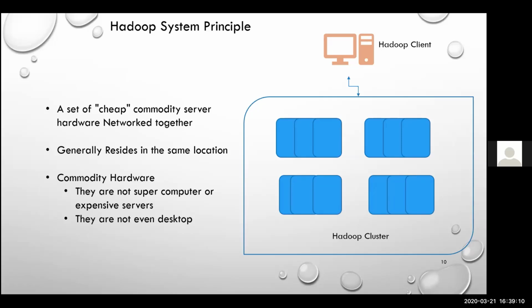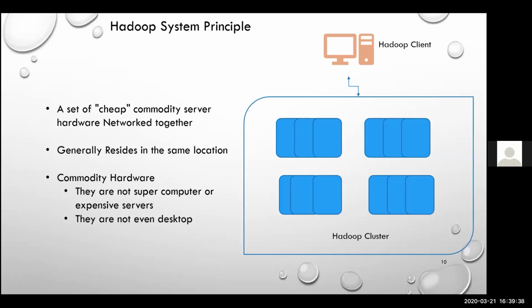So Hadoop is a set of cheap commodity server hardware networked together. It generally resides in the same location, in the same data center. But nowadays technology is evolving very fast, so it is working in different geographical data centers as well.